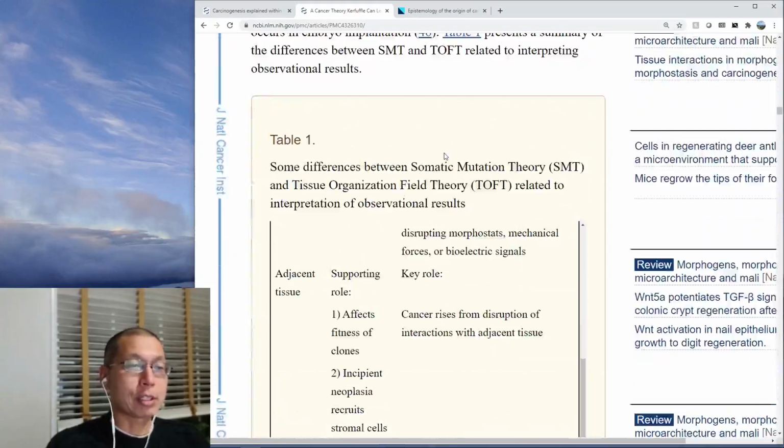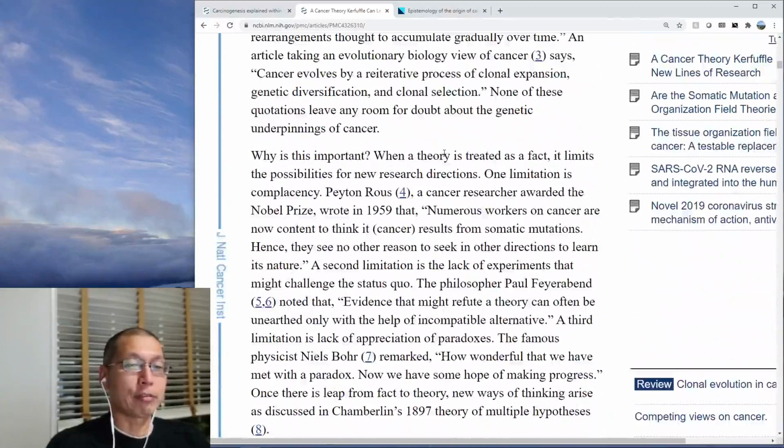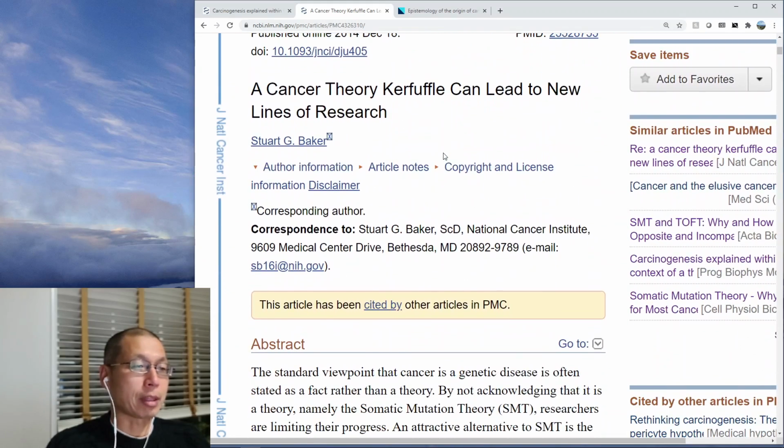The somatic mutation theory, like I said, is the accepted theory of carcinogenesis. And if you ask almost anyone, how do cancers form, they're going to tell you it's caused by a gene or multiple genes that are mutated that unregulate the cellular growth and invasion and metastasis.